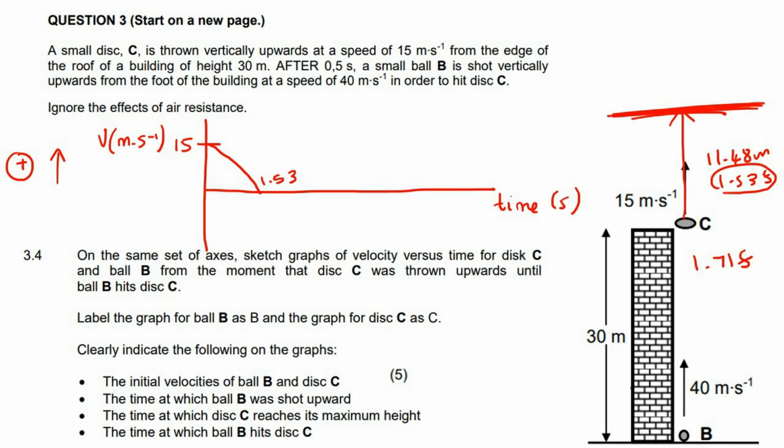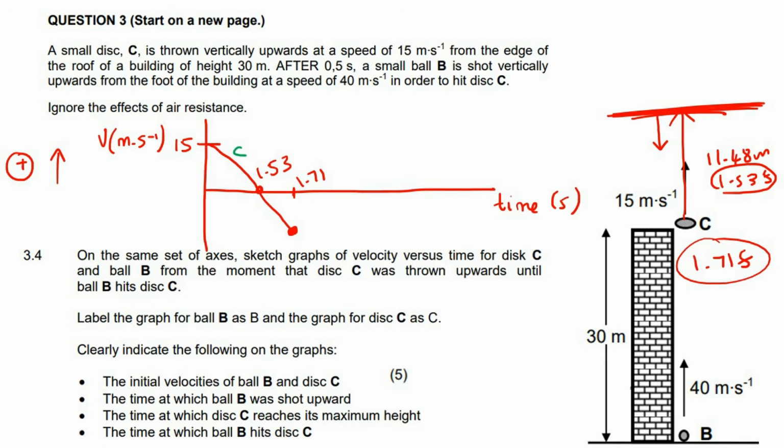Then it would start turning around and going down. We chose upwards as positive, so if it's now going down, its velocity becomes negative. We carry on like that, and somewhere around here at 1.71 seconds is where it would collide. Let's stop there. So this is 1.53 and then 1.71. Okay, so that is object C.